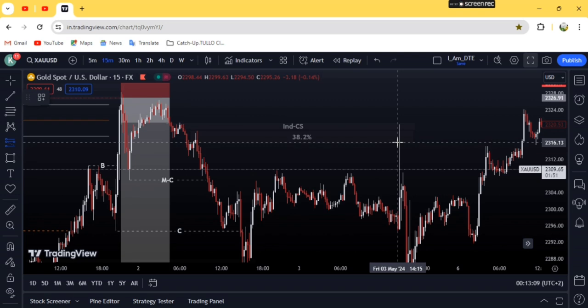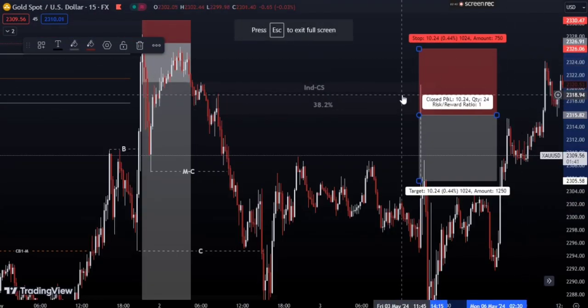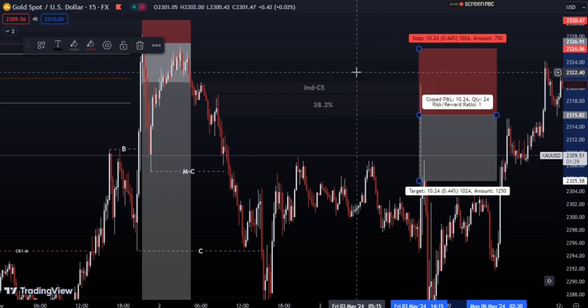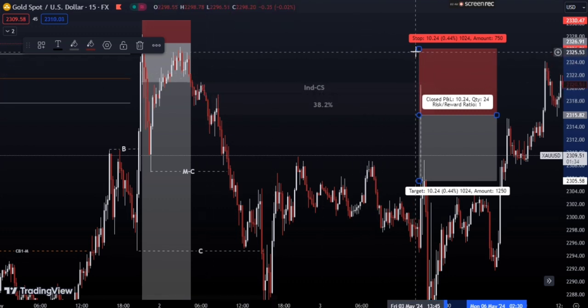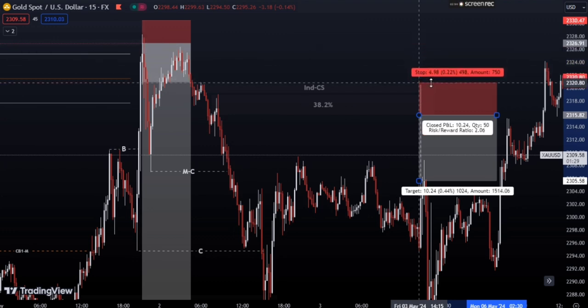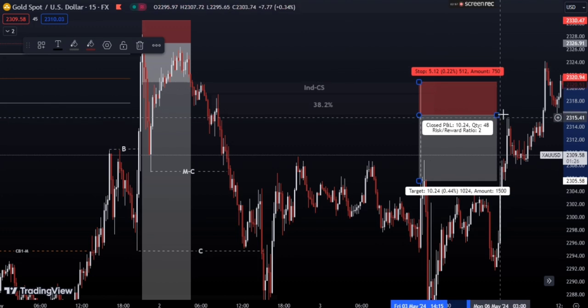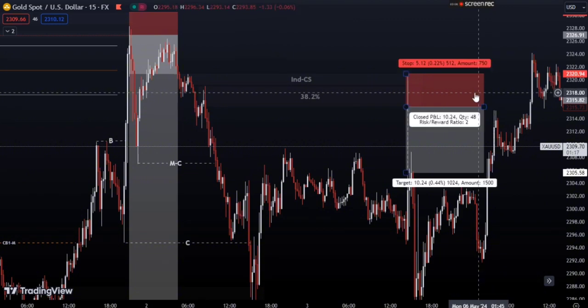The FOMO. Who knows the FOMO, which is the fear of missing out? So you can put it here, or you put it there. It's not a problem. So even if we had another one, perhaps another indecision candlestick, you have to put it above it. So in this case, I'll just put it above here. Good. Right? And then now we have the whole holy grail of where the price will tap.